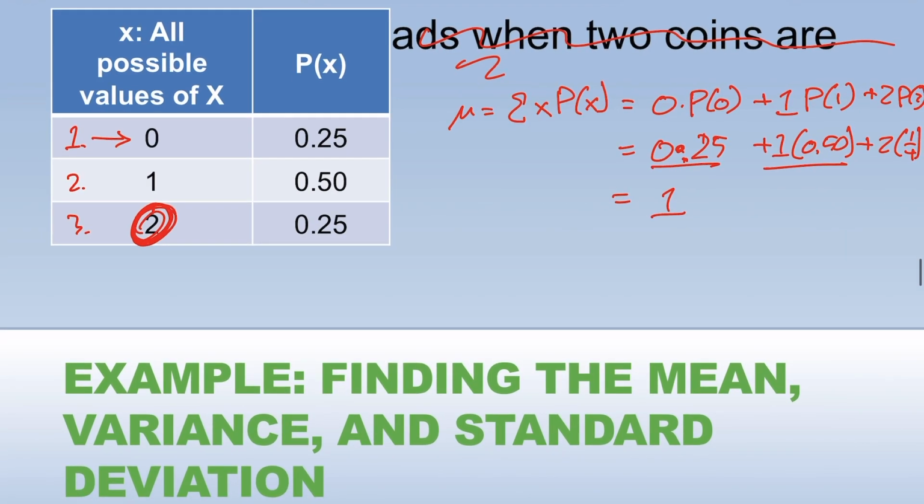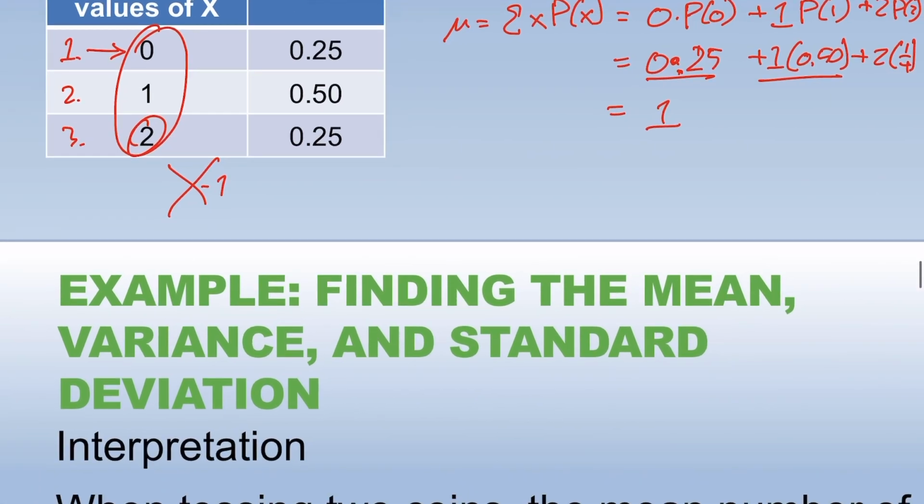Notice that's different than if I were to just add all these values up together and divide by 3, which would also be 1. But that's not the way to do it, as we'll see with another example.